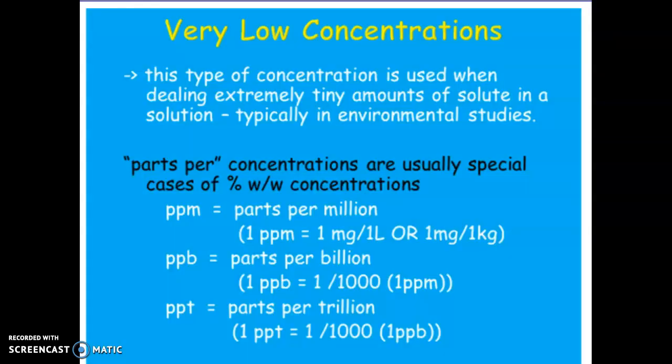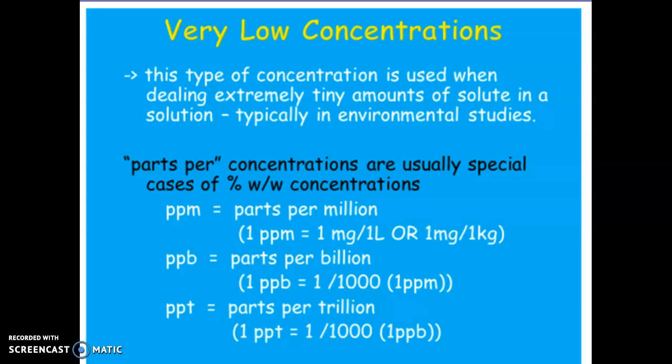Okay, so those are all percentage concentrations. So very low concentrations or dilute concentrations, this is what I was talking about before with the environmental or health studies. So parts per concentration are essentially looking at either mass in volume or mass in mass. So the ratio here is what's different.